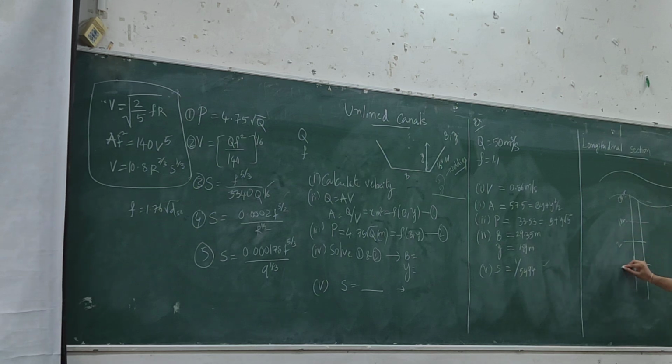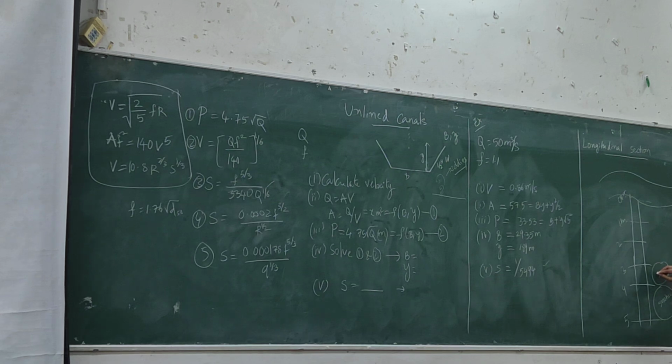2, 3, 5. Now let's say between 4 and 5, I have 5,000 hectares of land that I want to irrigate. And between 3 to 4, again I have 5,000.